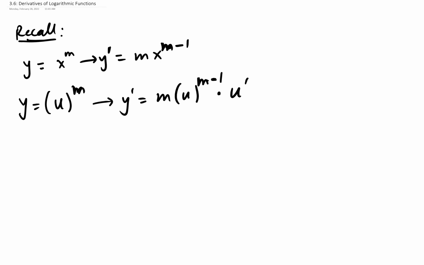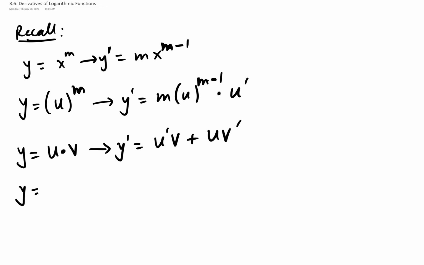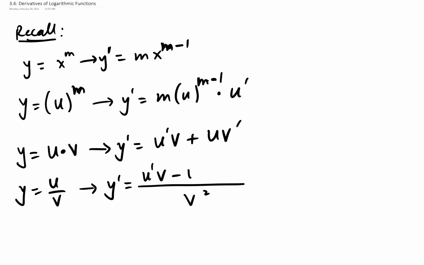The next thing is the product rule. If you have u times v, y prime is u prime v plus u v prime. Also u over v, that's the quotient rule. y prime is u prime v minus u v prime over v squared.